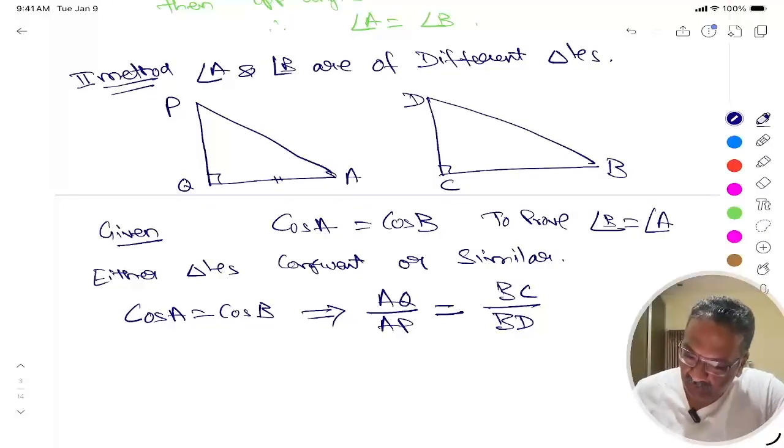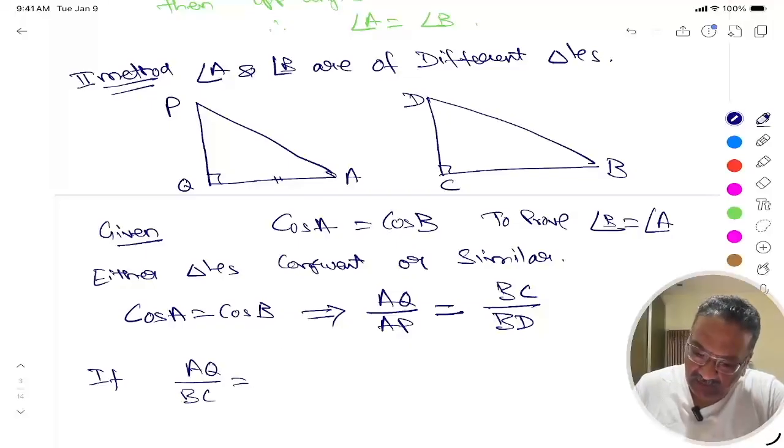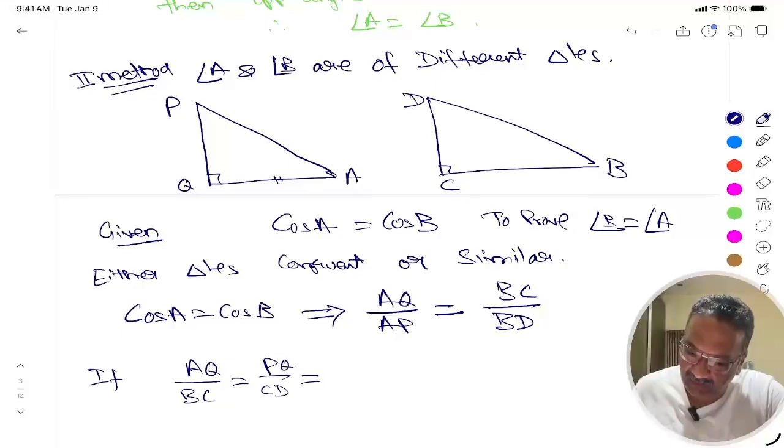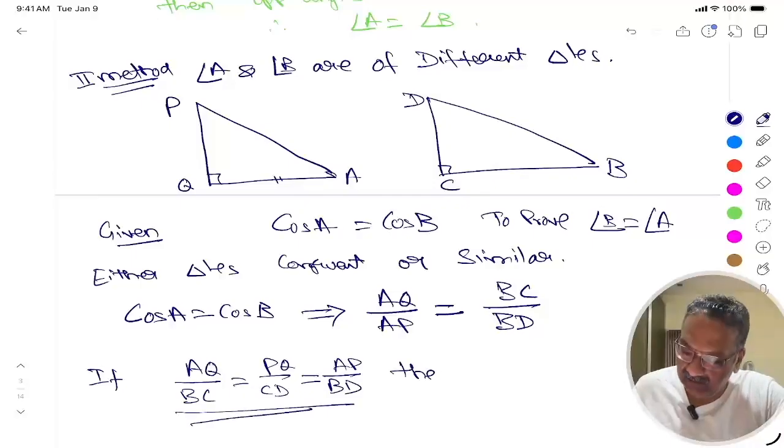Okay, so if AQ by BC is equal to PQ by CD is equal to AP by BD, if we prove this condition, then the two triangles are similar.